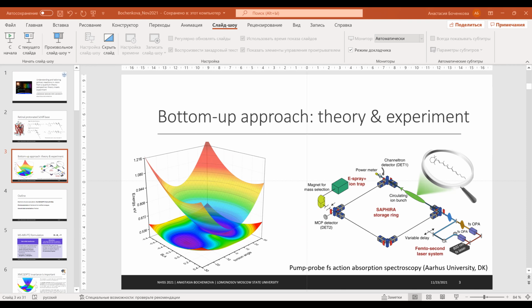You can share your PowerPoint only rather than the screen.